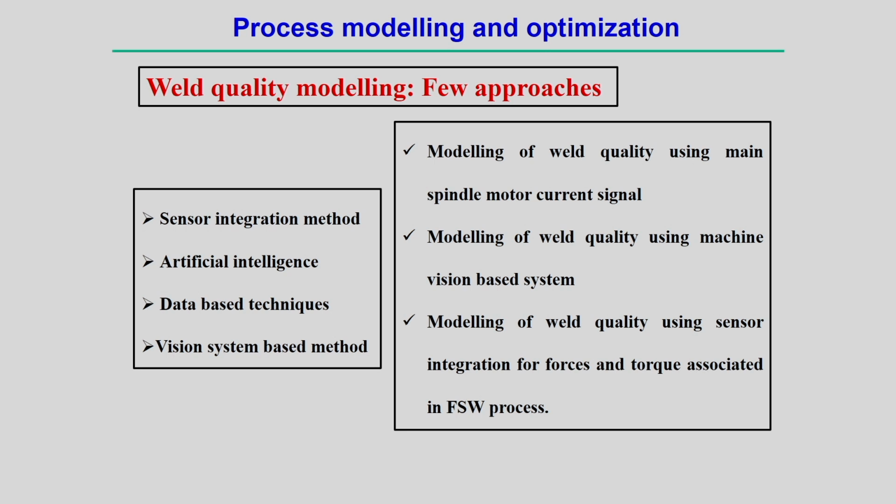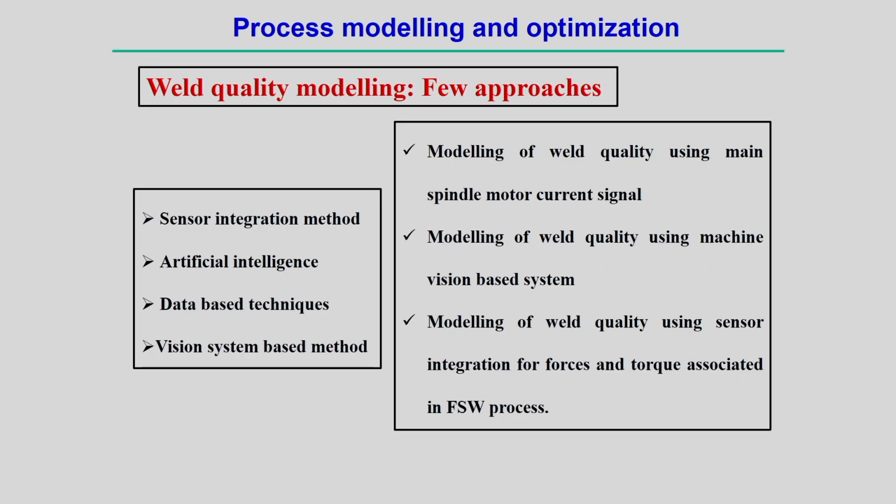So, in a friction stir welding process, we can model the weld quality. That means we can evaluate the weld quality, but during the process we collect the data from the motor current signal. Similarly, we can use a machine vision based system, put a camera, and collect the data. If there are any defects, we can use this image data and analyze the image in the form of data. And modeling of the weld quality using sensor integration techniques, with different sensor data.